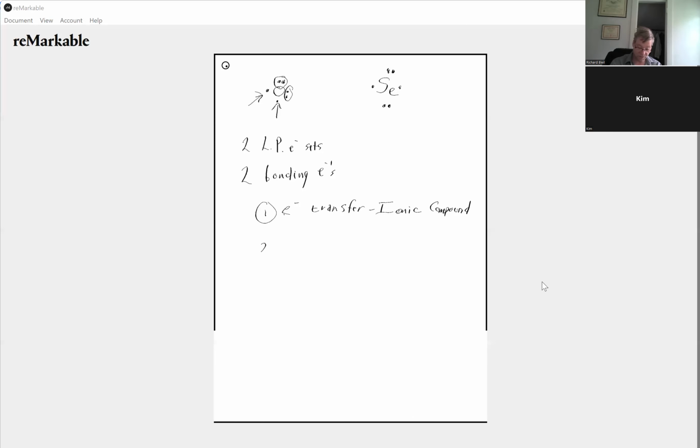The other thing we can do is we can share electrons. This is called covalent bonding. When electrons are shared, it is called covalent bonding. So for example, we can have our oxygen.